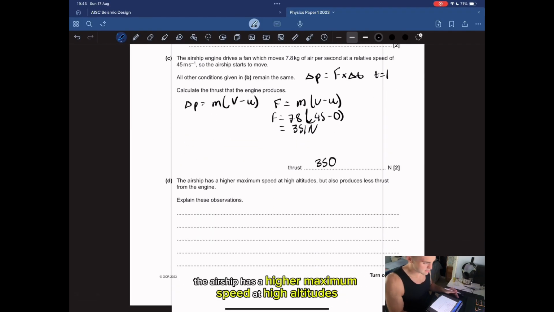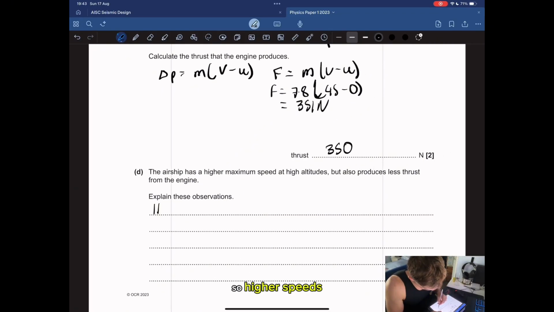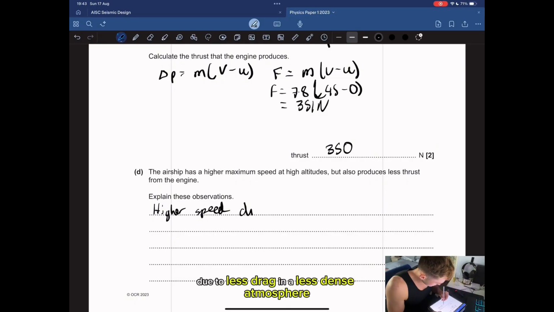D, the airship has a higher maximum speed at high altitudes, but also produces less thrust from the engines. So higher speed due to less drag in a less dense atmosphere.